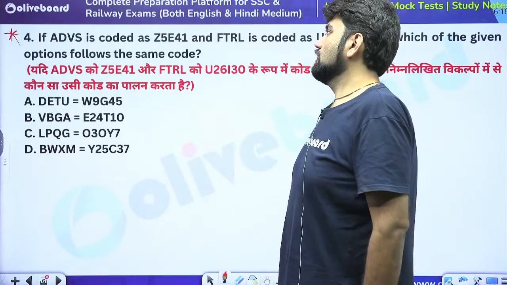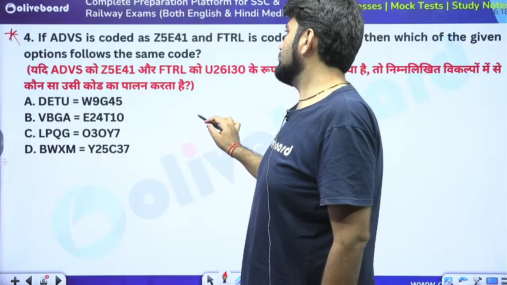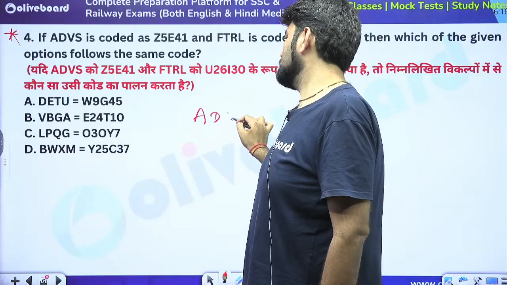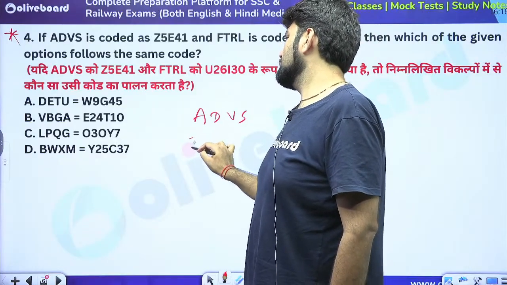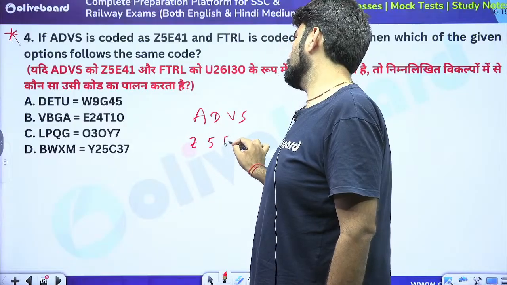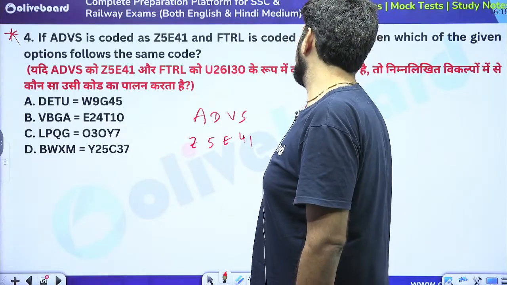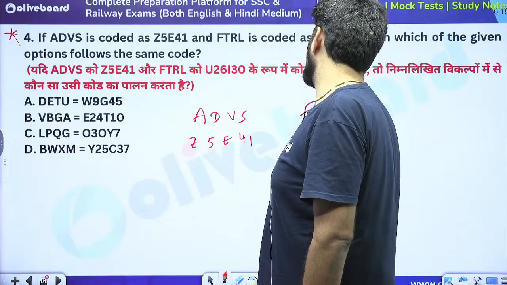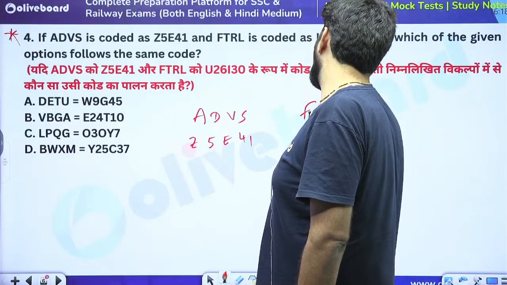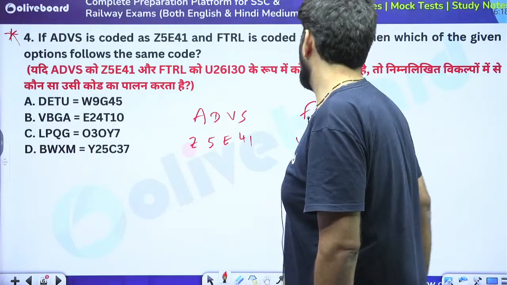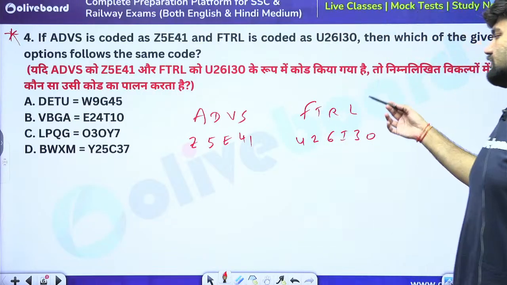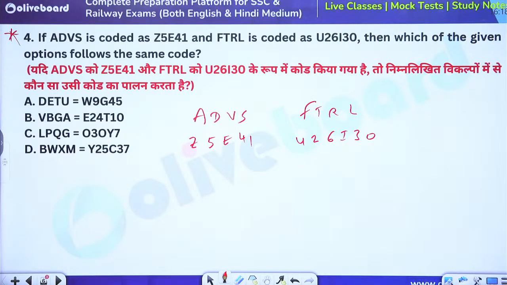Okay. Now ADVS and Z5E41. So ADVS, definitely one extra we can see, Z5E41, and FTRL is U26I30. So there are 4, there are 6 here, and there are 4, there are 5 there. There is no direct relation here.